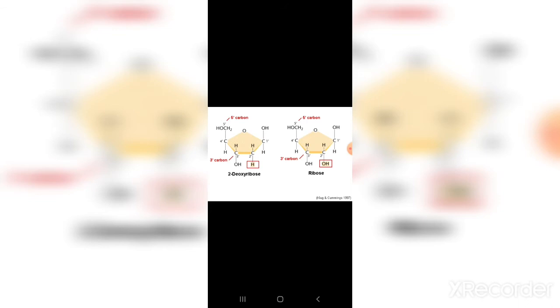In the 2 carbon of ribose, there is a hydroxyl group, while in DNA the hydroxyl group is replaced by a hydrogen. That's why it is deoxyribose.